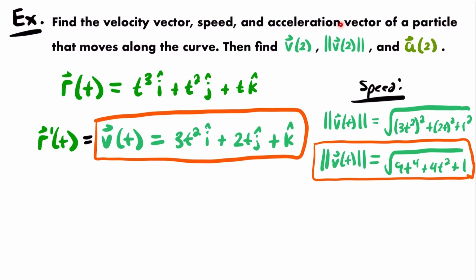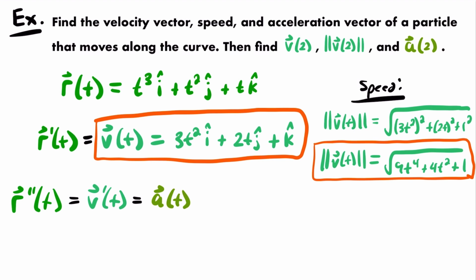So what we want to do is take the derivative of the velocity vector. So really what we're doing here is taking the second derivative of the position vector, which is equal to the first derivative of the velocity vector, and doing that gives us the acceleration vector a of t. Okay, so a of t will be equal to a vector whose components are the derivative of the velocity vector.